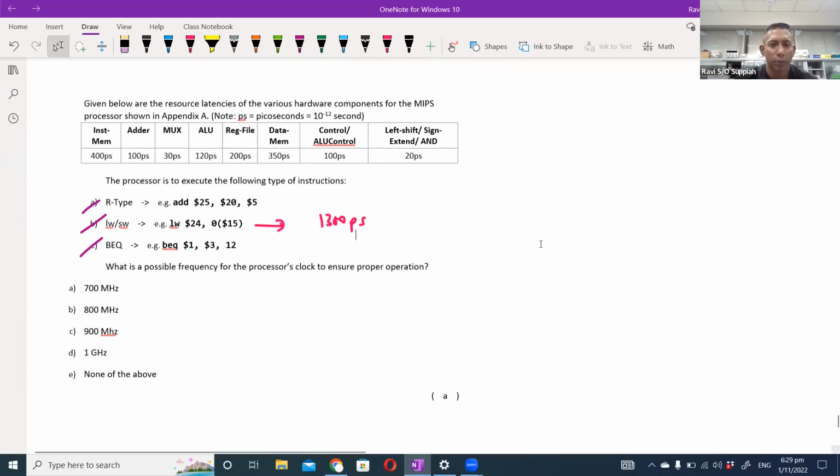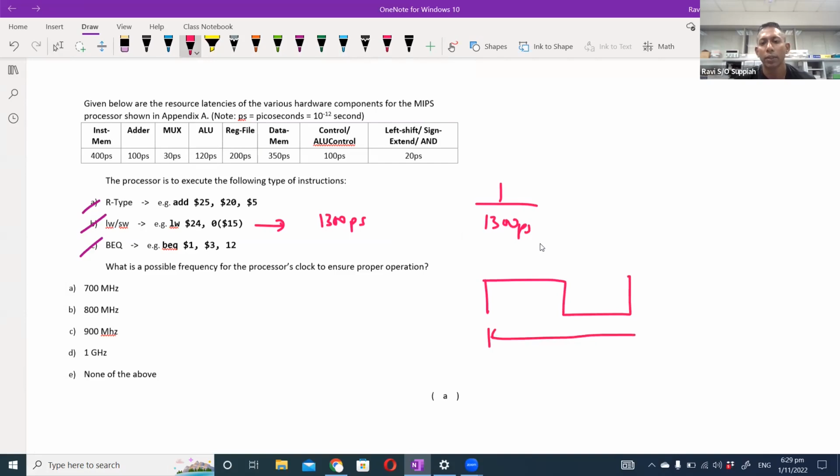So if you take 1 over 1300 picoseconds, which is the time taken to complete one instruction, which is 1 clock cycle, this is the period. The frequency is 1 by t, so that will give me around 770 megahertz.